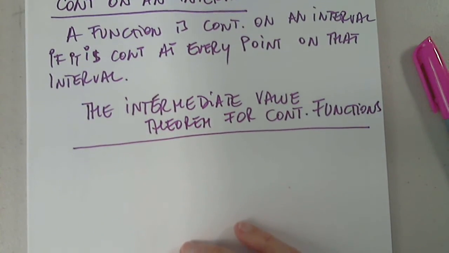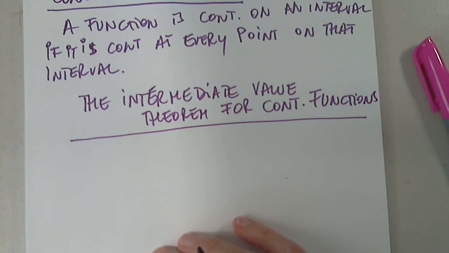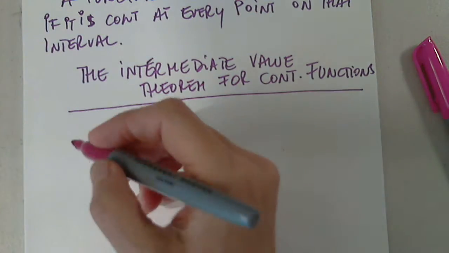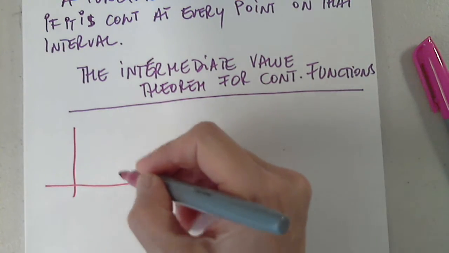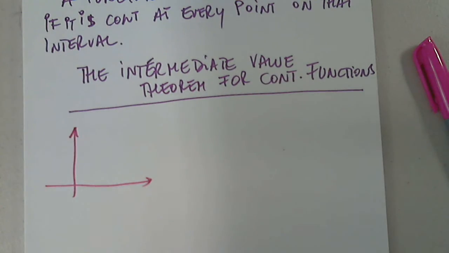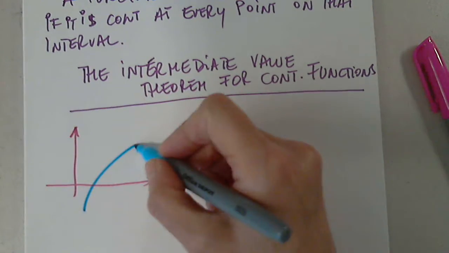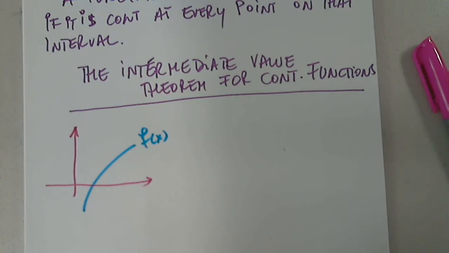The intermediate value theorem for continuous functions. Here is the idea. Let's look at the graph. So we have a function here. This is our function, f of x.